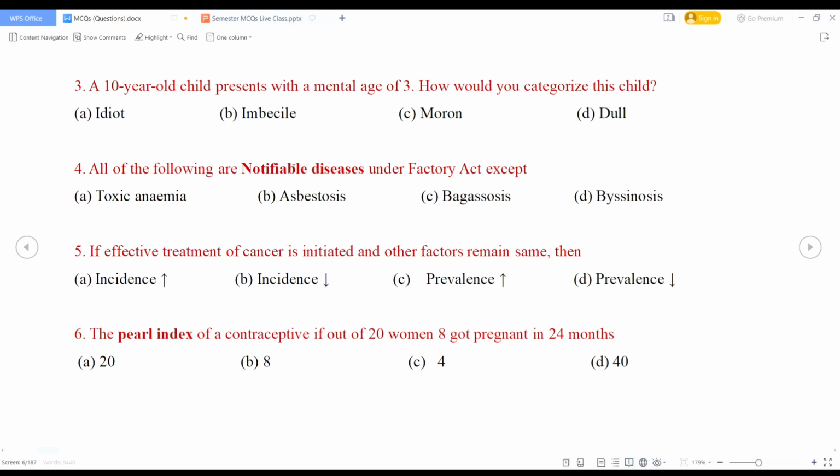Come to the next question. If effective treatment of cancer is initiated and other factors remain same, then: incidence will increase, incidence will decrease, prevalence will increase, prevalence will decrease.